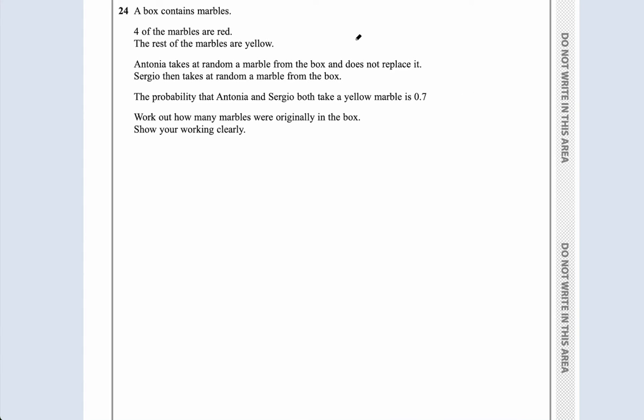Okay, so one thing we can do is, if they're asking us how many were in the box, let's say there are X marbles in the box. So at least now we know we're trying to find X. Okay, then we're going to draw a tree. So we start with Antonia. She's going to take a marble. It's red or yellow.